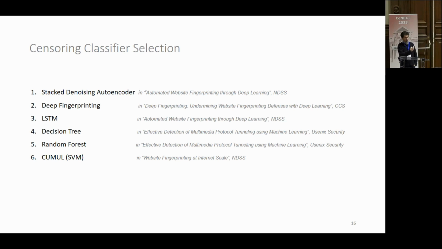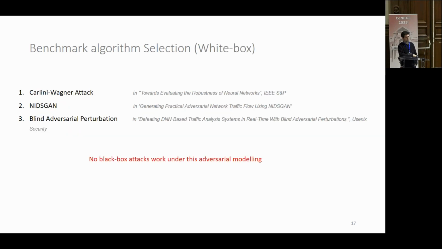And then there was a paper at USENIX Security that looks at decision trees and random forests. And then there's another NDSS paper, the solution is called Kumul, but eventually it's a support vector machine. So let's experiment against each of them and see how well it works and how transferable the results are across different classifiers that we haven't seen before.